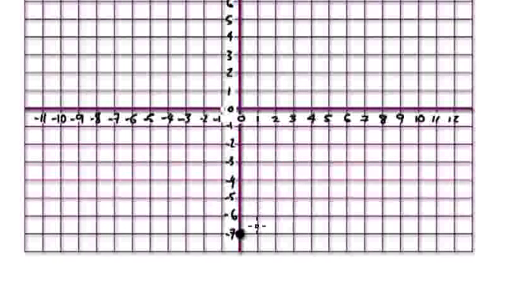A gradient of 3 means the height is 3 and the across is 1. When you're doing this, it's 1 across, 3 up, because the up and down is 3 and the across is 1, so it has a gradient of 3. Because the gradient is always the height divided by the width.